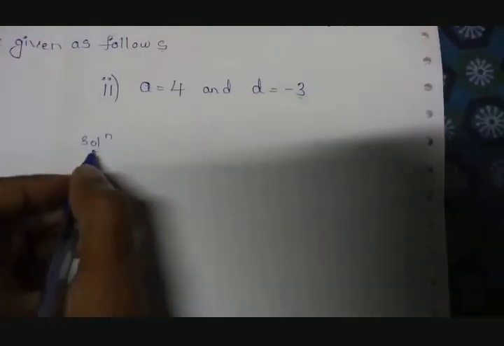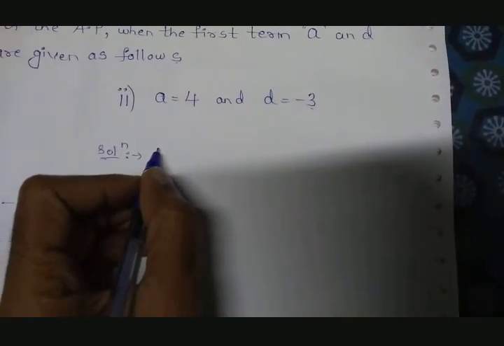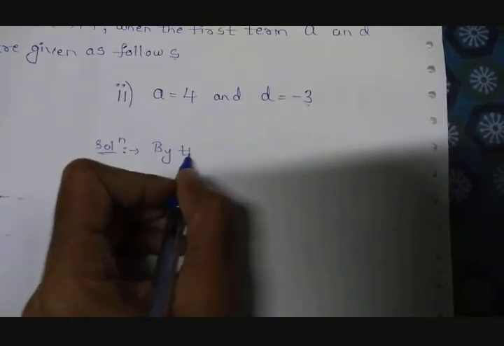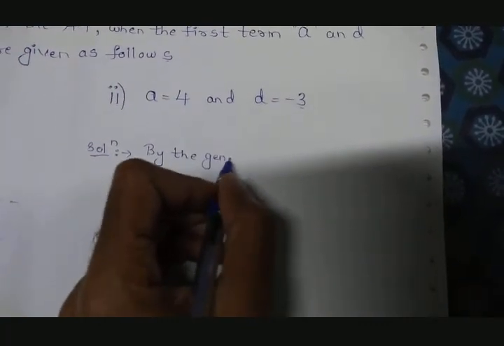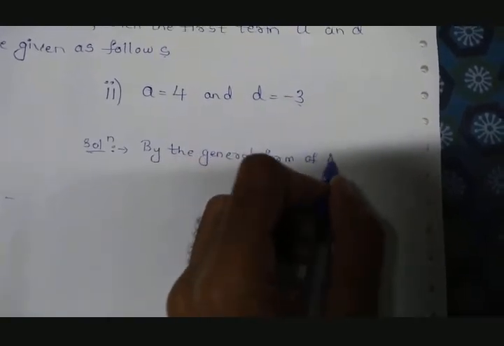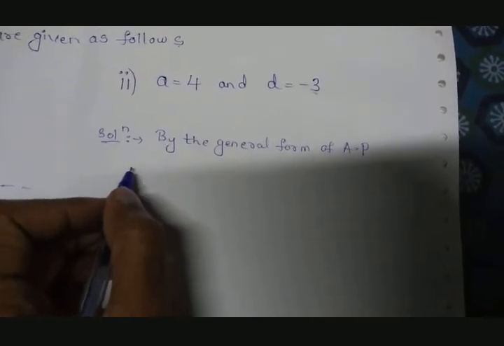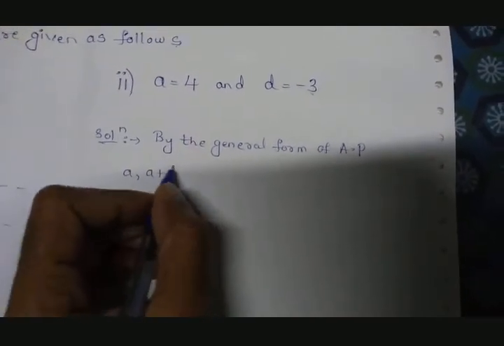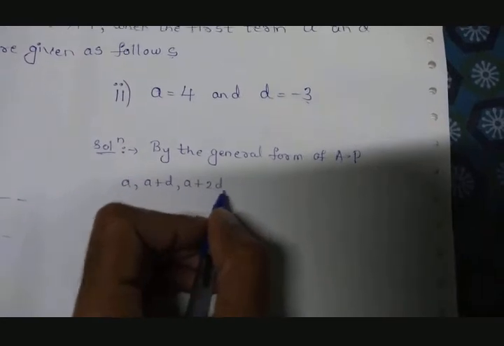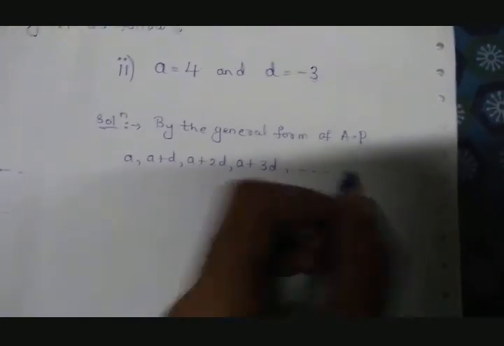Coming to the next one, a is equal to 4, d is equal to minus 3. Again, by the general form of AP, we know a, a plus d, a plus 2d, a plus 3d, and so on.